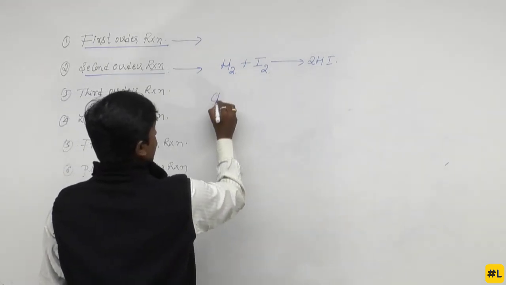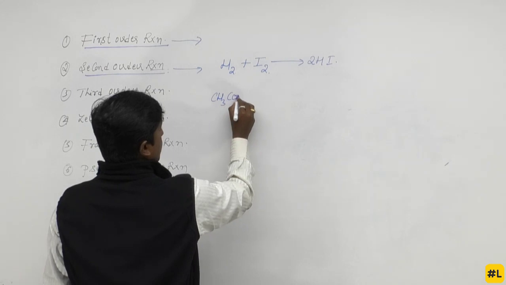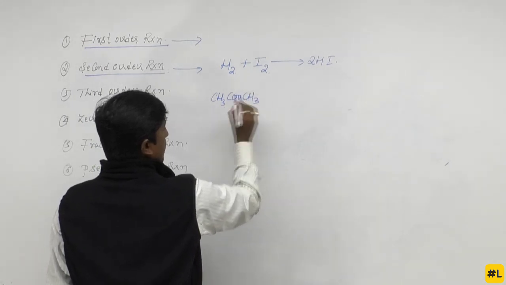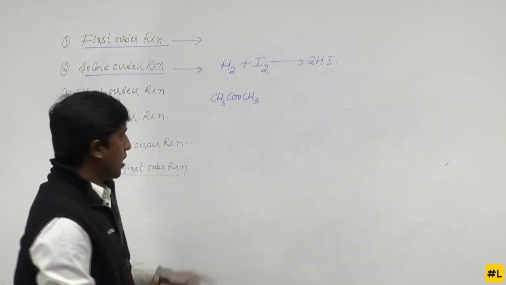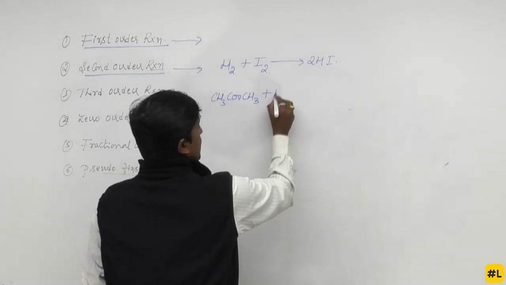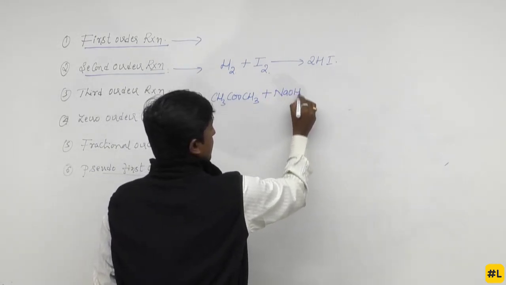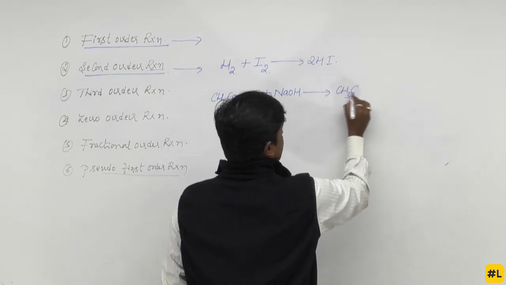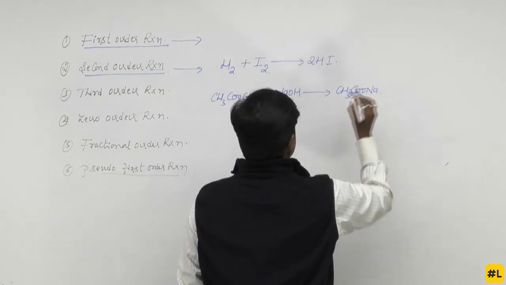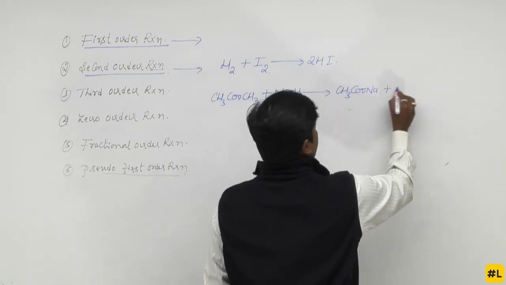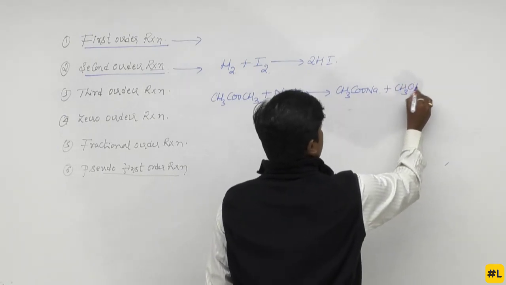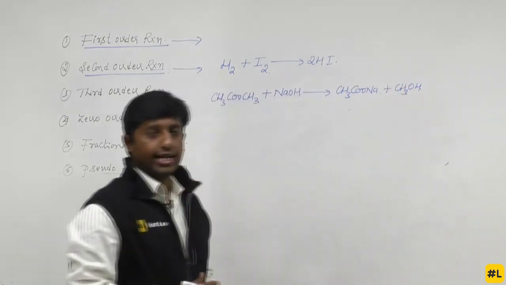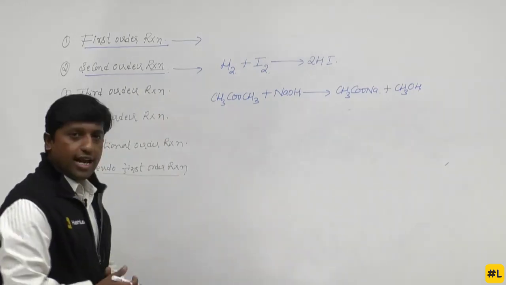I take an ester, an organic molecule, methyl acetate. When the ester is made to react with sodium hydroxide solution, we get sodium acetate, CH3COONa, and methanol, CH3OH. And this is also an example of a second order reaction.